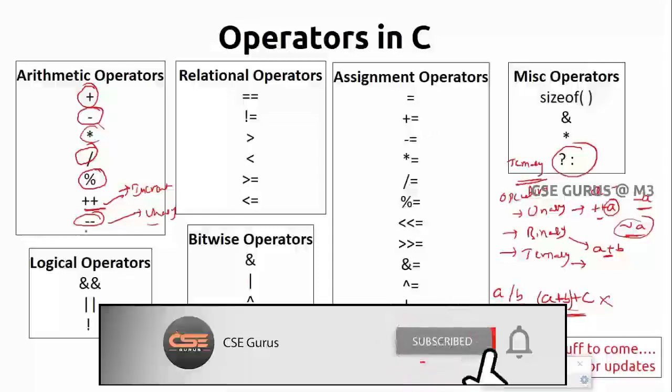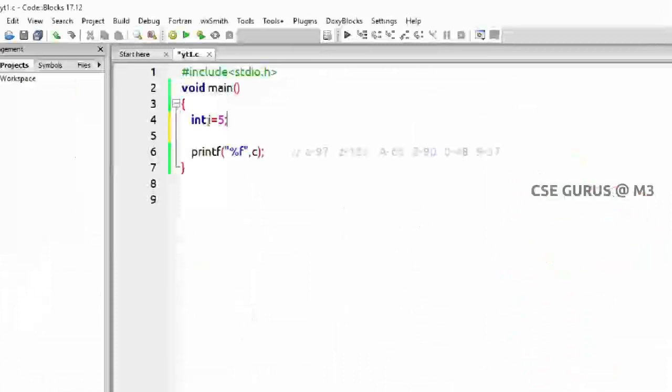So now we'll see plus plus and minus minus operators with execution. Let me take int i equals 5 and I'll use percentage d. Anyway I'll take i, j. Before that, I simply want to print i plus plus. I'll show you the difference.